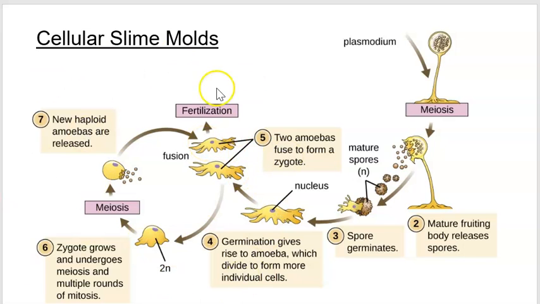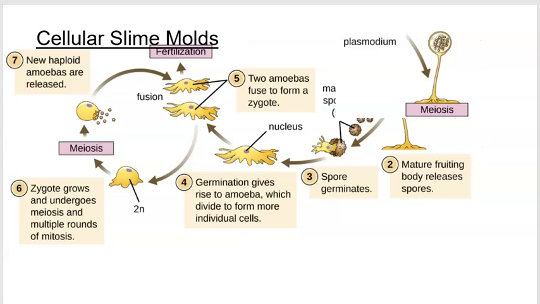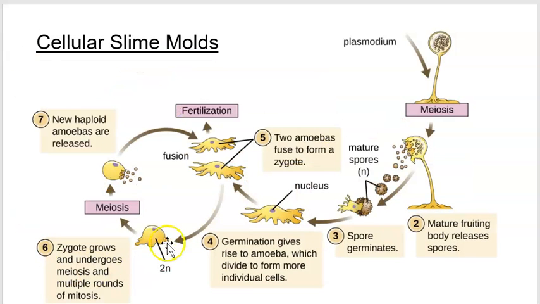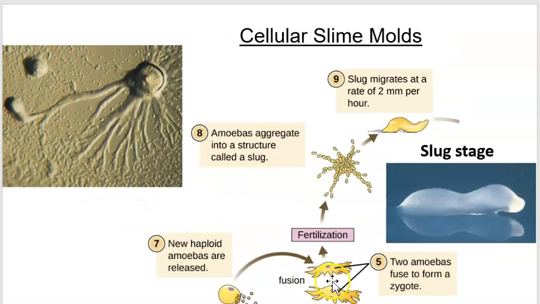This is one version of what the cellular slime molds can do right here. But also, these cells can fuse together, and when you look at this process right here, that is the same kind of fertilization that we saw before, and that's going to give us our diploid zygote right here, your fertilized egg cell, and those guys will blob around.